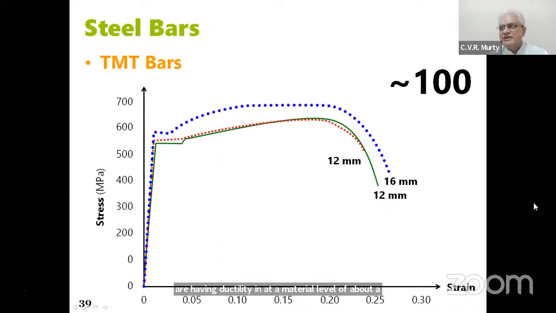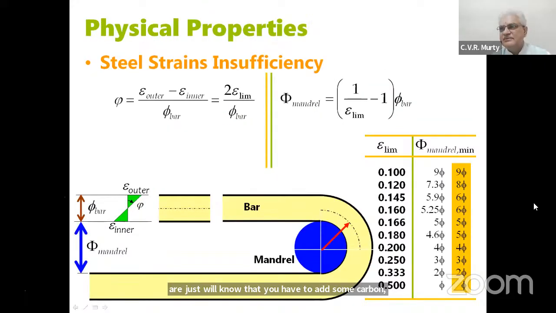Now, the new bars that are also coming up, the TMT bars, these reasonably higher strength 550 plus bars, are also giving us a ductility of about 100, right? If you go higher, those of us who are metallurgists will know that you have to add some carbon, and as you add carbon, this number will run down from the large number.